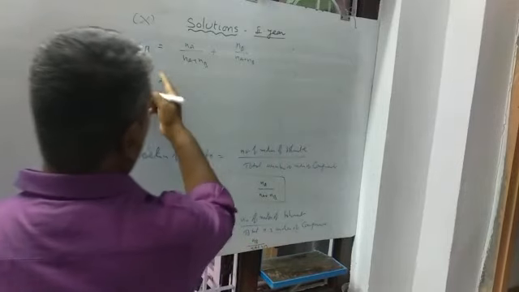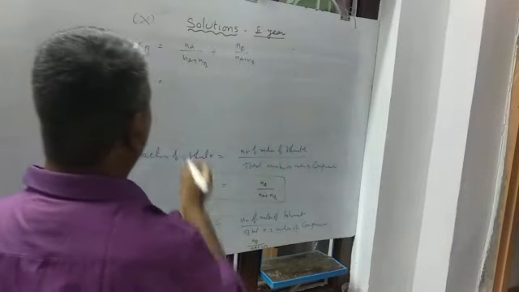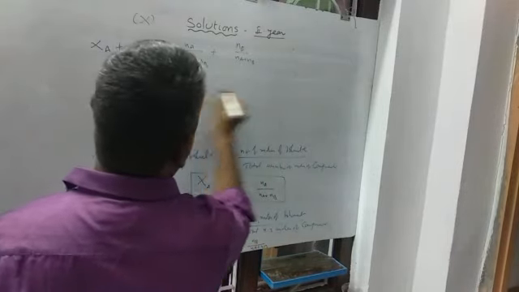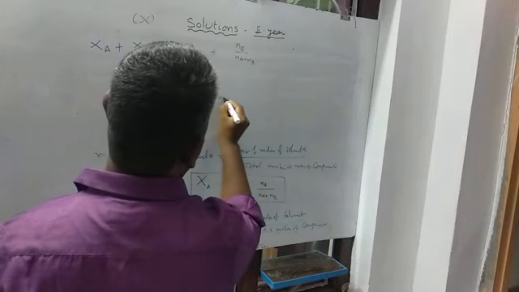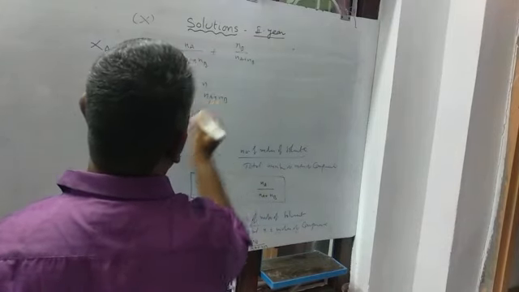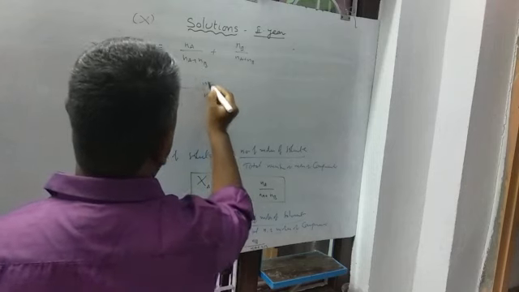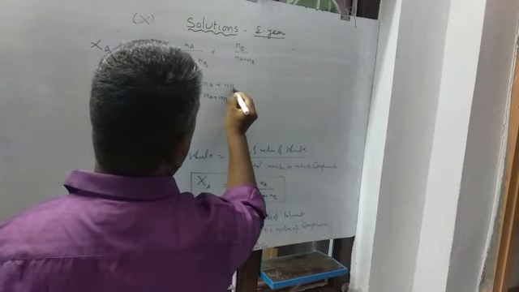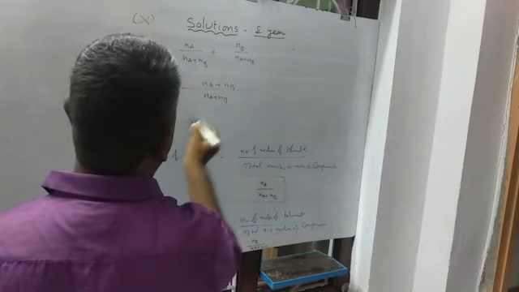Clear? While summating, the LCM is Na plus Nb, and in the numerator Na plus Nb gets cancelled.